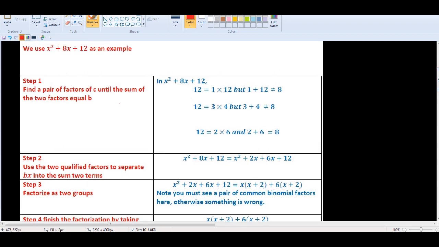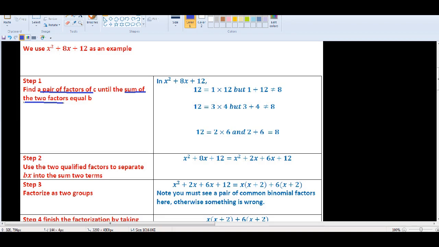Step 1, you need to find a pair of factors of c, which is 12, until the sum of the 2 factors equals b. For 12, how could we get 2 numbers that multiply together to get 12? The most obvious choice would be 1 times 12.